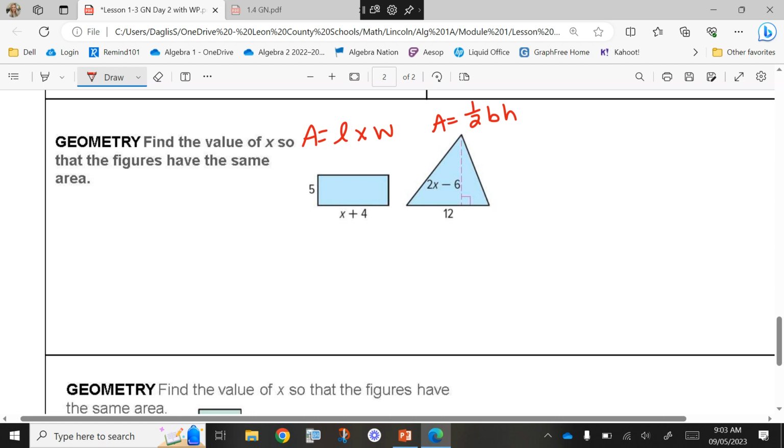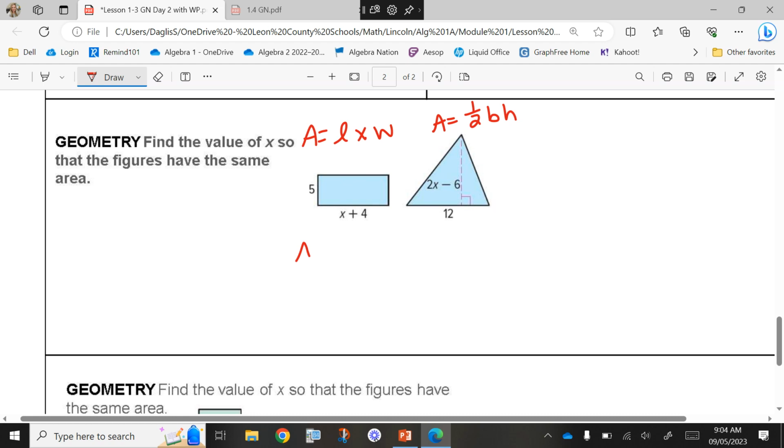So the area of my rectangle, I need length times width. What is the length of my rectangle? x plus 4, or 5, it doesn't really matter. And then my other side is x plus 4, right? We're going to multiply those pieces together.